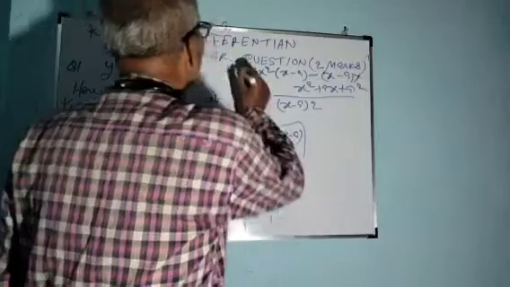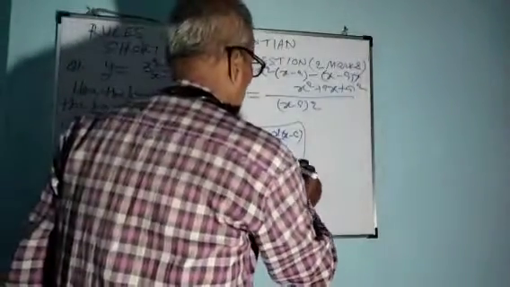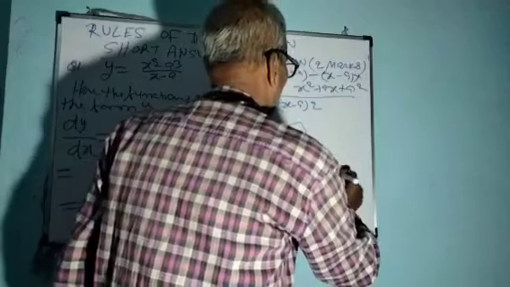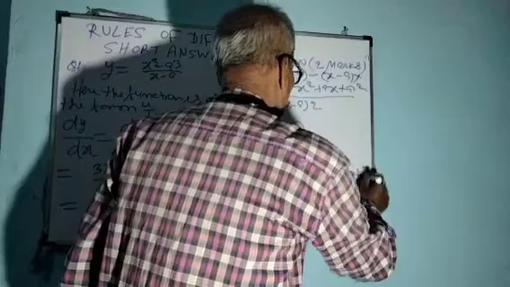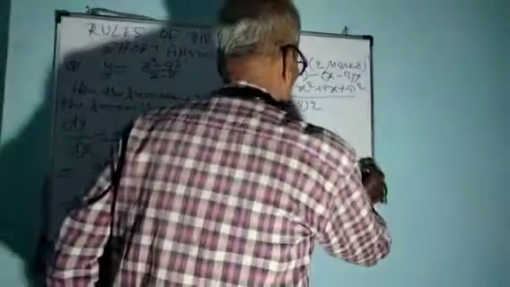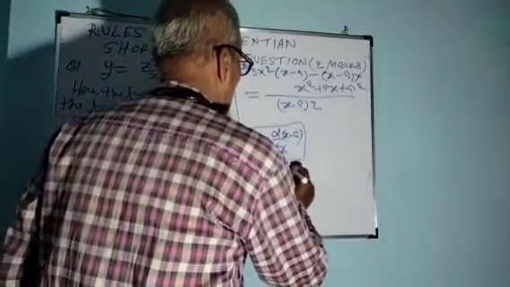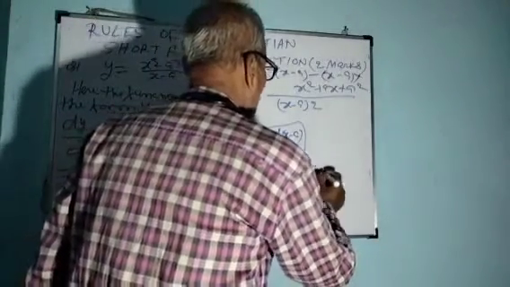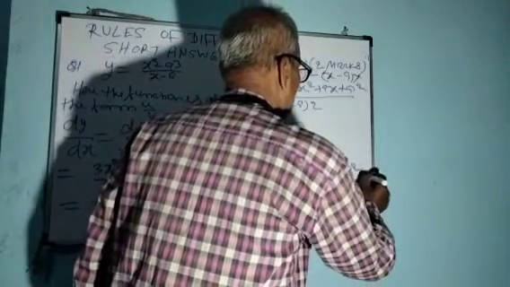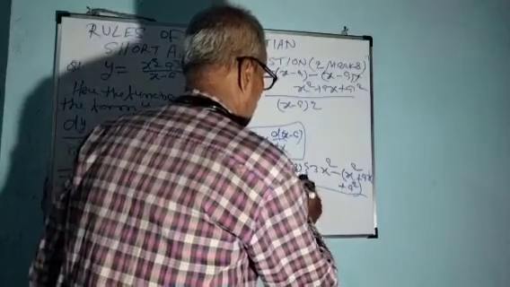We take common x minus a: (x minus a)[3x square minus (x square plus ax plus a square)] by (x minus a) whole square.